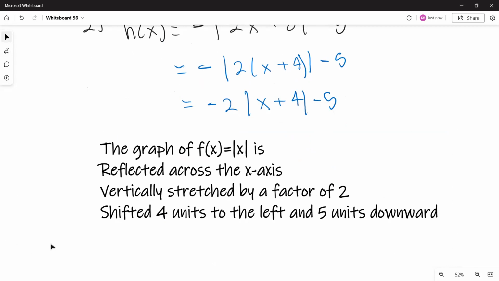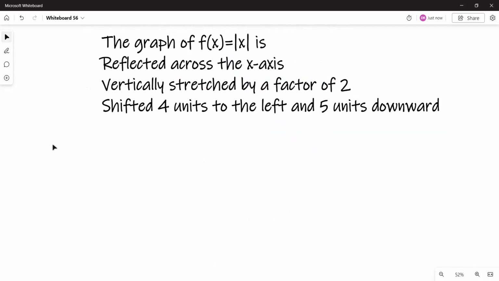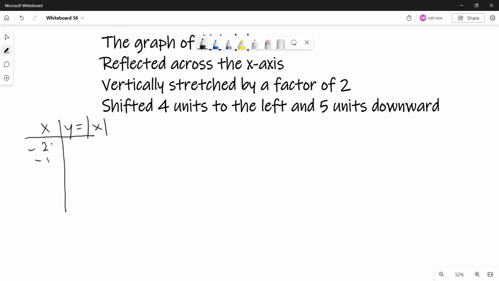Okay, so we'll see what this looks like. I'm going to make again 2 tables. So we have been working with this set of values and the new function.